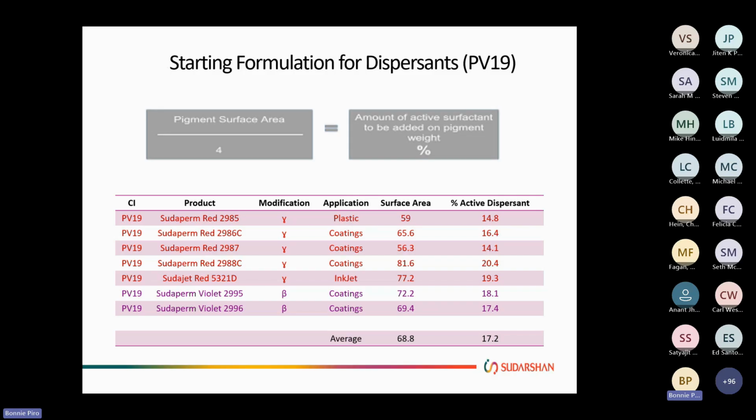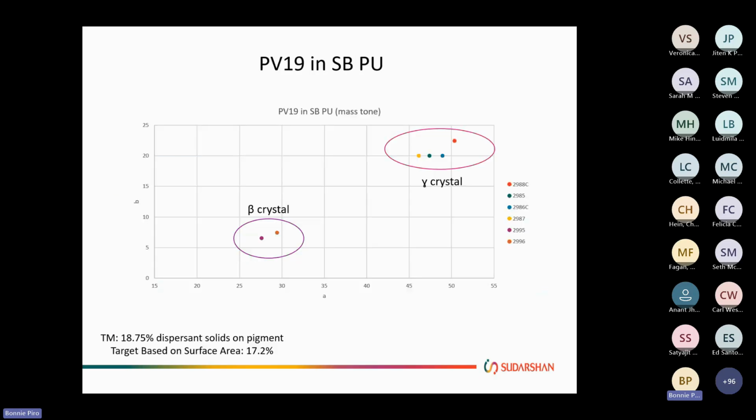However, it's always good to know where to start. In the following examples, I'm going to walk you through what this might look like in terms of formulation in a number of different application areas.